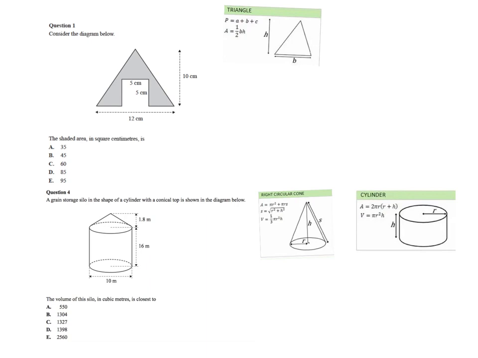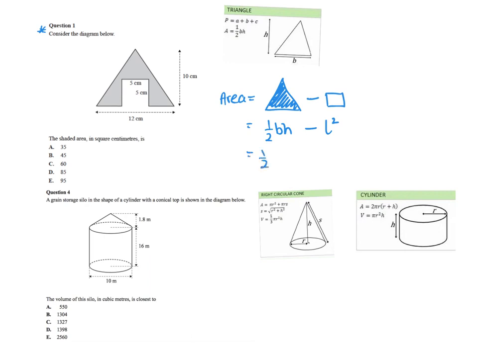With this one, question 1, so early on in the exam, is going to be pretty easy. Find the area of the shaded area. So really you've got, the area is going to equal, if you had the area of the full triangle, and you minused the area of the square. So a triangle's formula is half base times height, and a square is length squared.